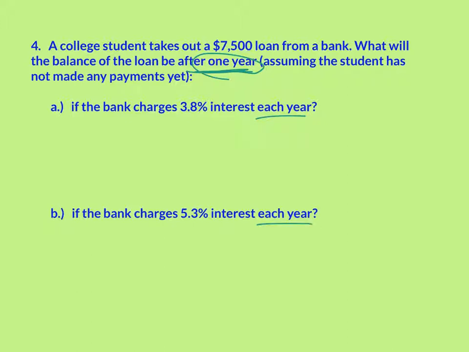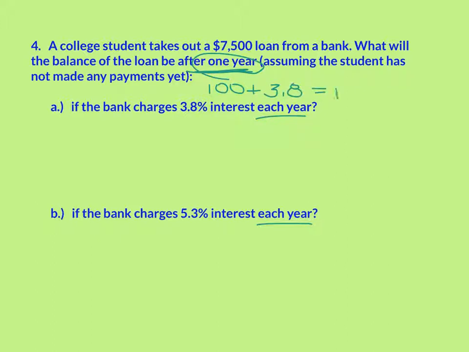So, first thing I'm going to do is to say, okay, well, interest is more. So that means my original is going to be my 100%, and I'm going to add the 3.8% to that.